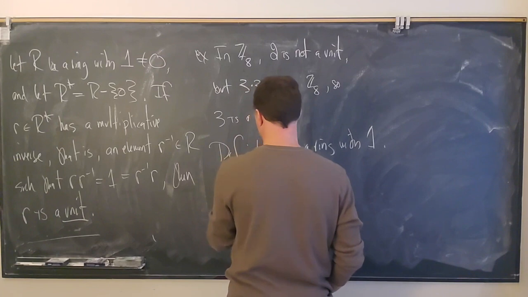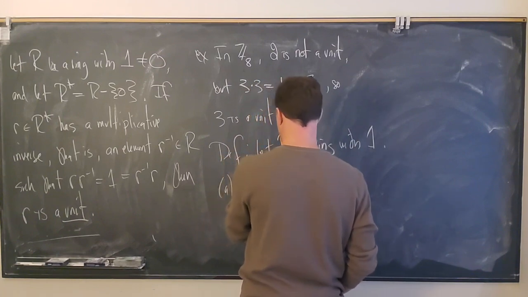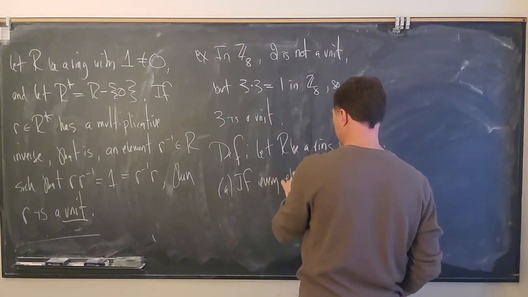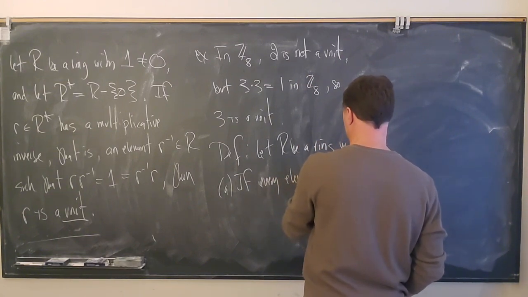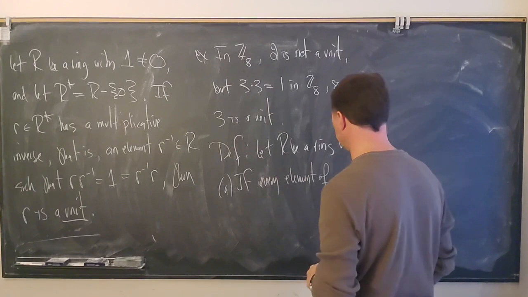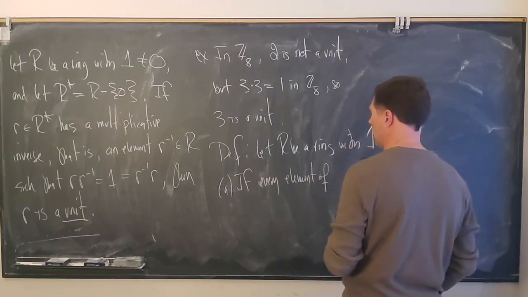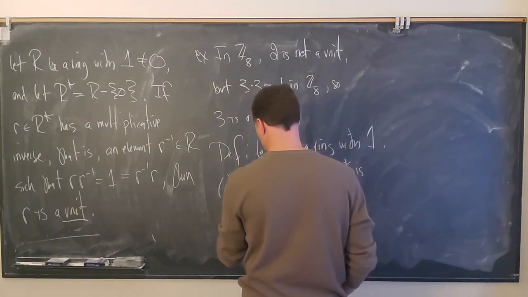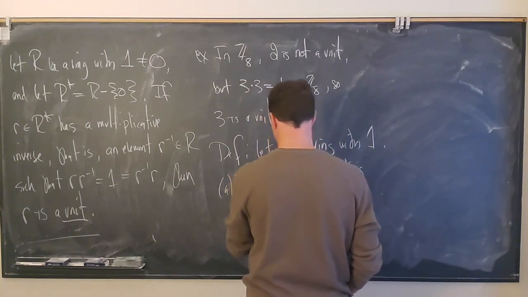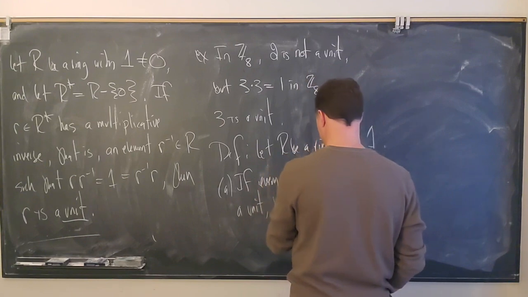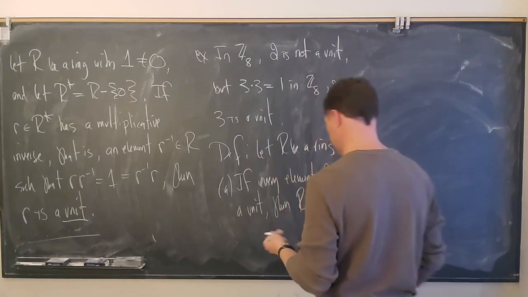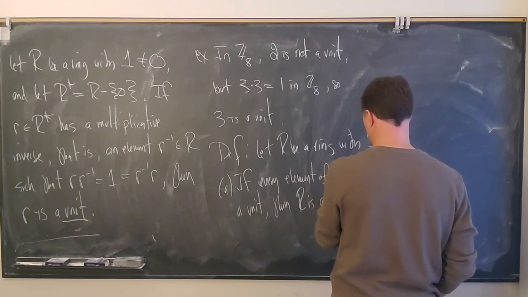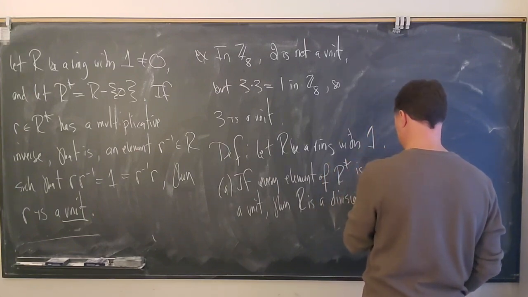Part A, if every non-zero element, so if every element of R star is a unit, then R has a name. It's called a division ring. So R is a division ring.